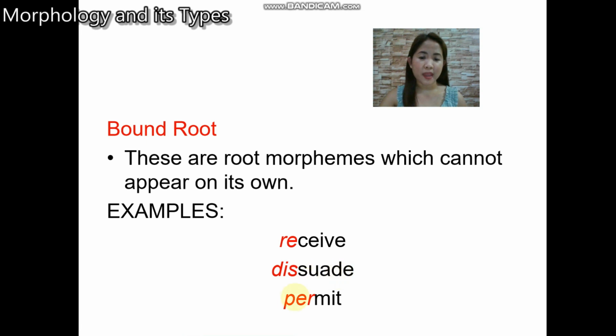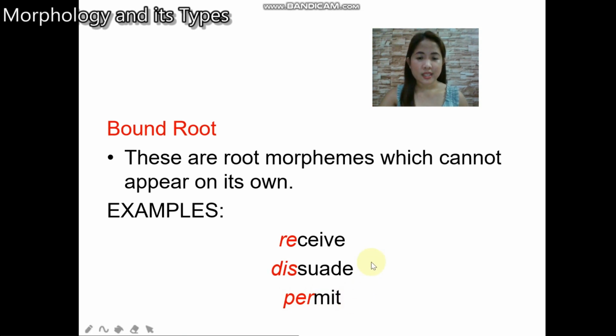This also happens when we remove this root morpheme per in the word permit. There is no meaning of the word mit. This means that root morphemes are those that are already included in that word and which cannot be split into smaller units of a language.